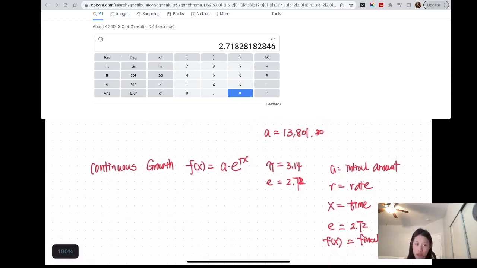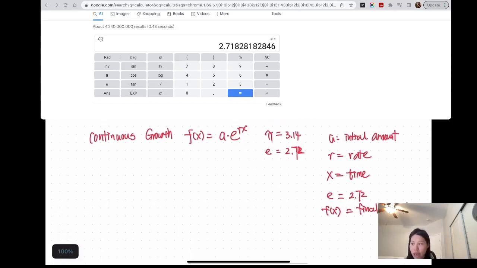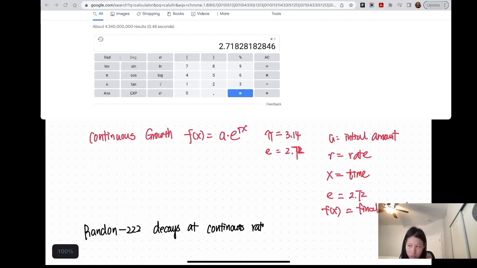So this type of question is usually used for a chemical reaction, such as if I tell you that, hey, this is an isotope, radon 222, decays at a continuous rate of 17.3% per day.